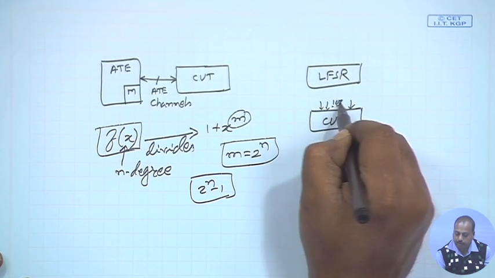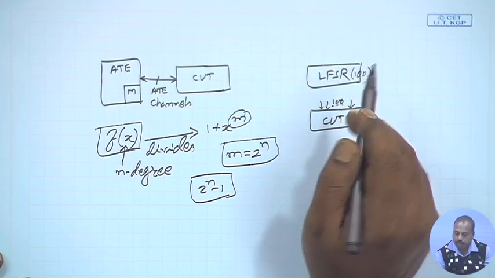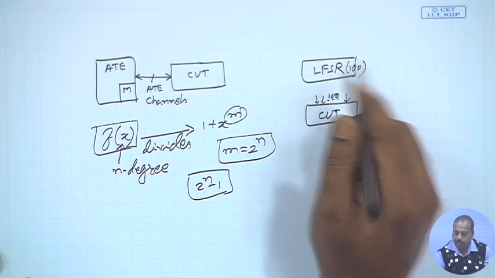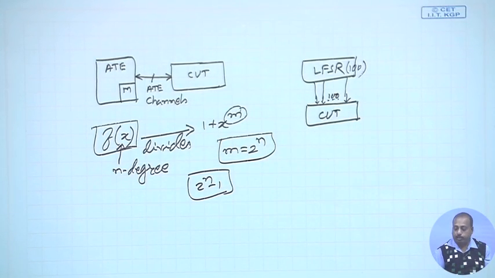One straightforward way may be that we use an LFSR of length 100, a 100 bit LFSR, and feed this directly to the circuit. So, the patterns generated by the LFSR will be fed to the circuit as test patterns. If it is a primitive polynomial, it will ensure that it will not repeat its sequence before generating 2 power n minus 1 new patterns.